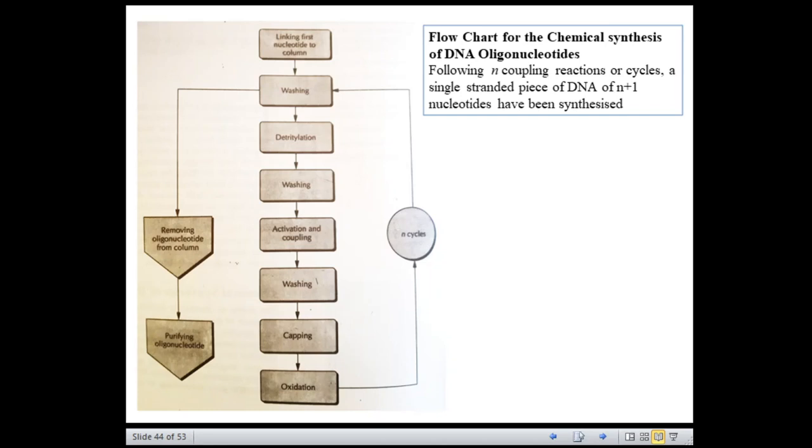After detritylation, it is followed by washing, then activation and coupling, followed by washing, then capping and oxidation. Following n number of coupling reactions or cycles, a single stranded piece of DNA, n plus 1 bases, will be synthesized.